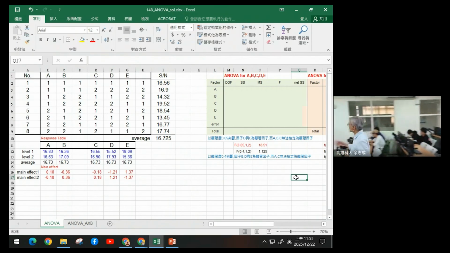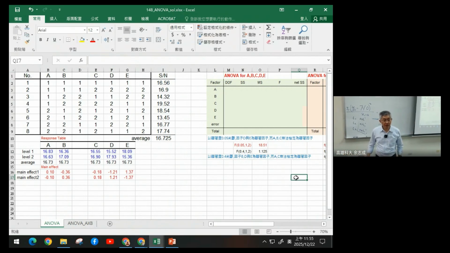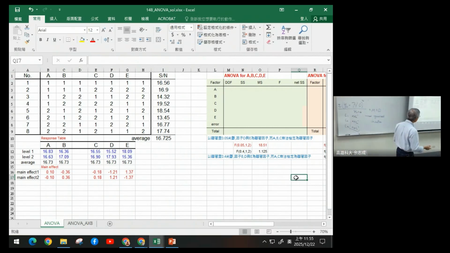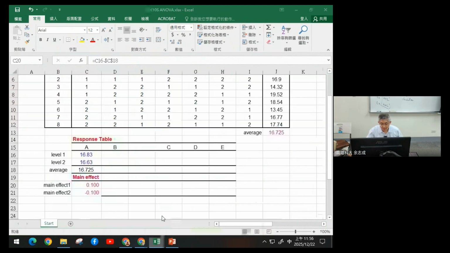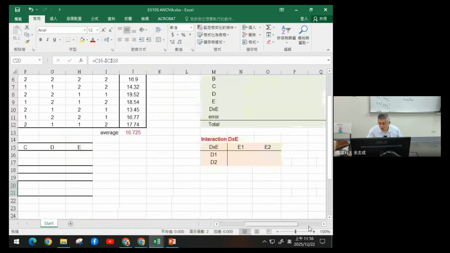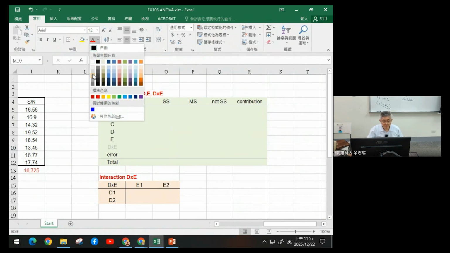Now let's try to calculate the sum of square and degree of freedom for the main effects. We will talk about interaction next time. So the table looked like this one, but now we only consider A, B, C, D, E, and let's neglect interaction for now.